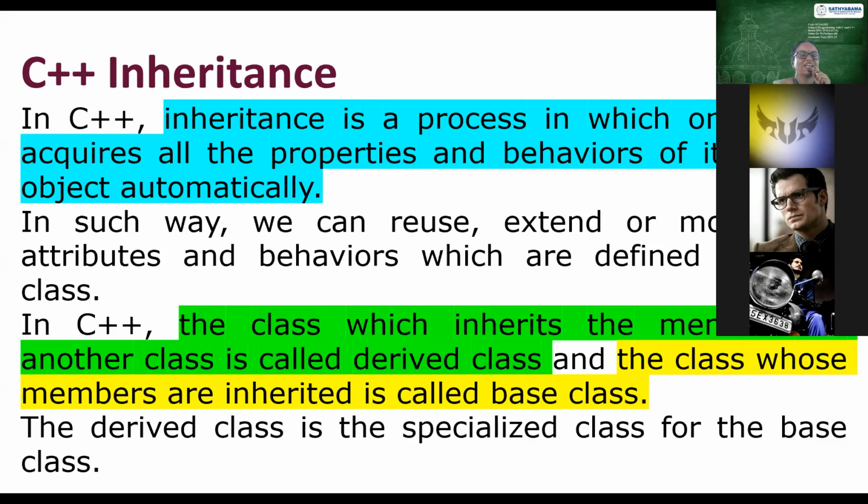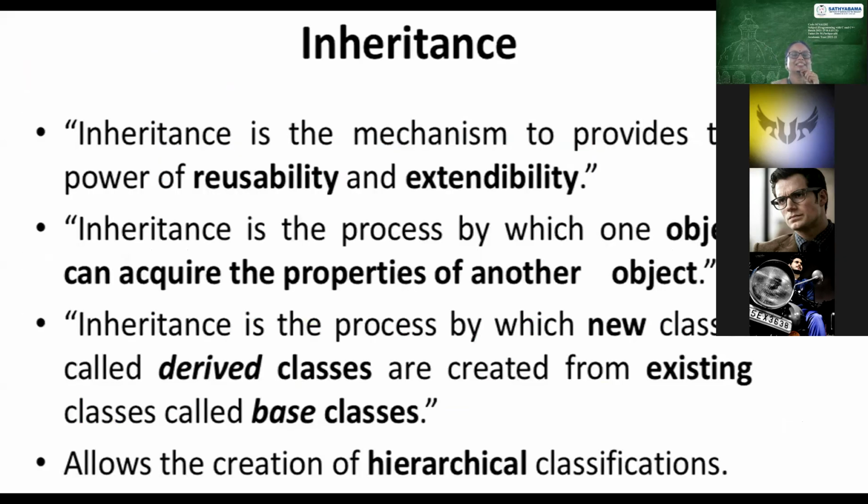Is it clear? So we have two classes: one is the base class and another is the derived class. Building classes from existing ones. That's the thing. What is the advantage of using inheritance? Inheritance means reusability and extendability are possible.